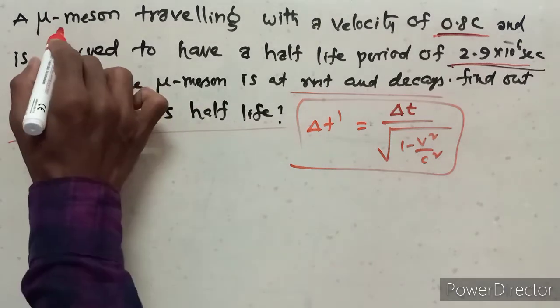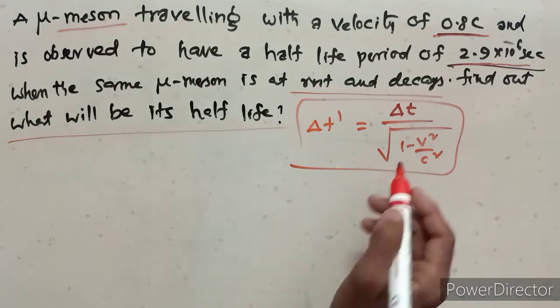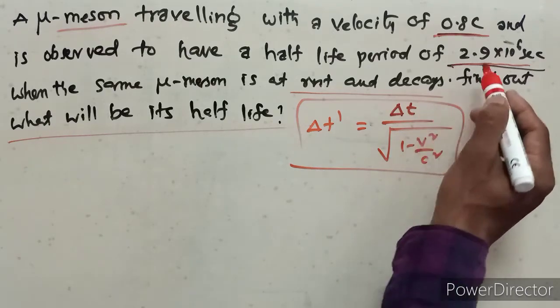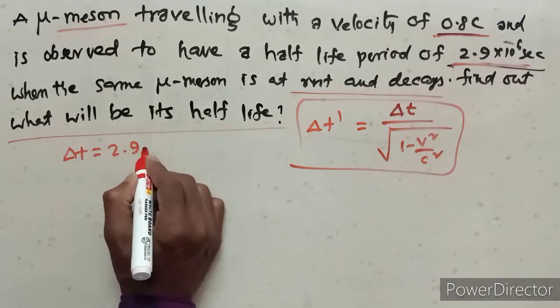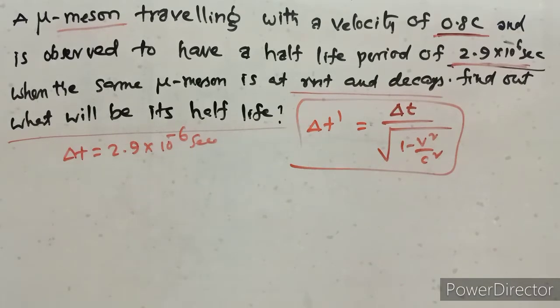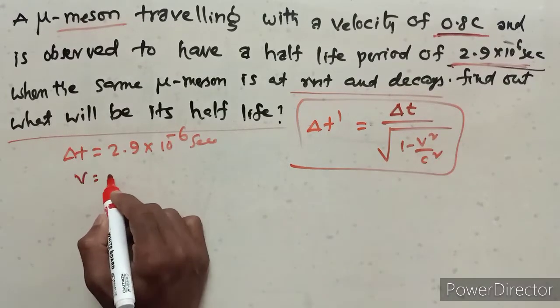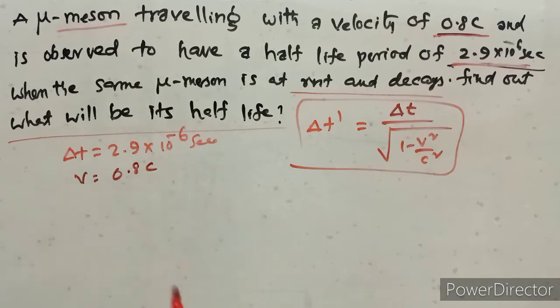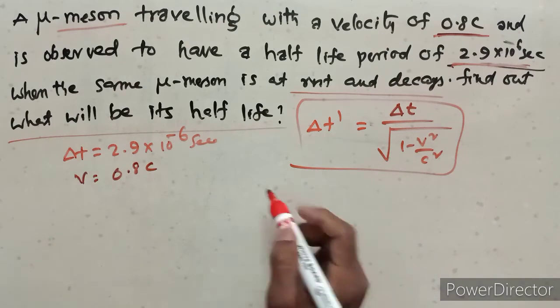Meson means one type of atomic subparticle. So here, what is delta t? Delta t is 2.9 into 10 to the power of minus 6 seconds. Next, what is v? It is 0.8 light velocity. So these two values are substituted in this equation.